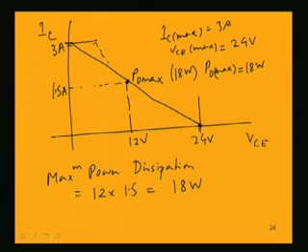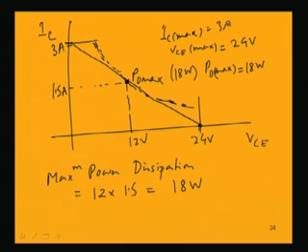The power dissipation will be like this. Within this will be the safe operating area, below this curve and bounded by these two lines. And for this transistor we are getting PD max at this point and corresponding voltage and current at this.